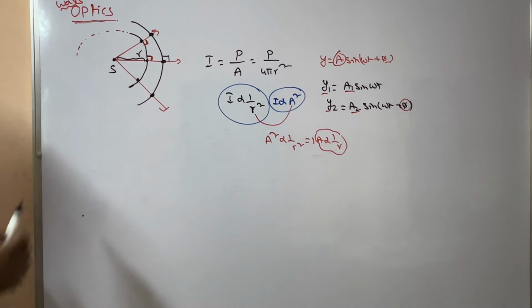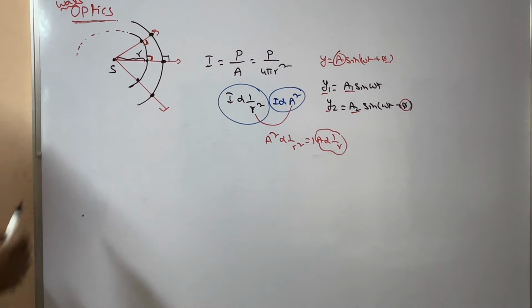So this is about wavefronts, the angle between the incident light ray and the wavefront, and the relation between intensity and distance, amplitude and distance, and intensity and amplitude. Now if these two waves get superposed on each other, what is the resultant wave? By the superposition principle, y is equal to y1 plus y2.